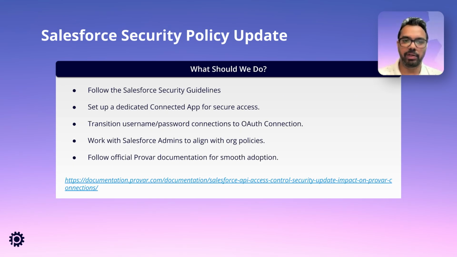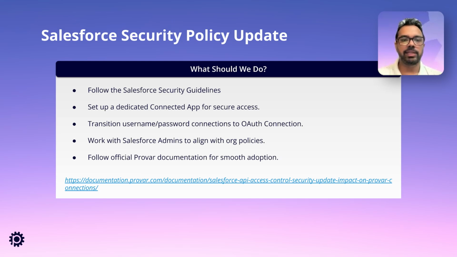What we are suggesting, to stay aligned with Salesforce's new security policy, is this. You should create a dedicated connected app for Provar. You should assign it the right, minimal permission set that it requires. Transition all your username-password connections to OAuth and make sure you collaborate with your Salesforce admin to follow your OAuth policy and the security policy that Salesforce defines.